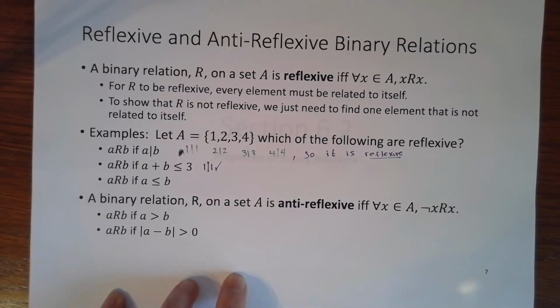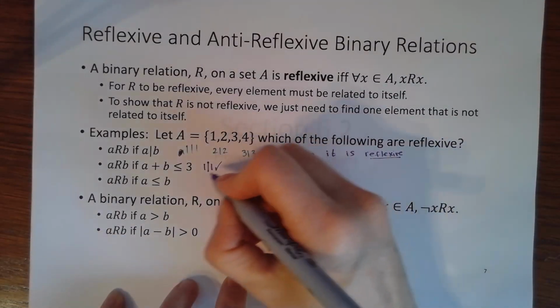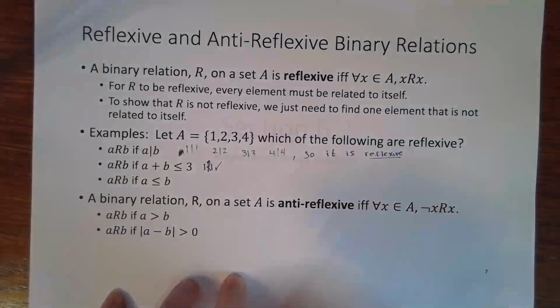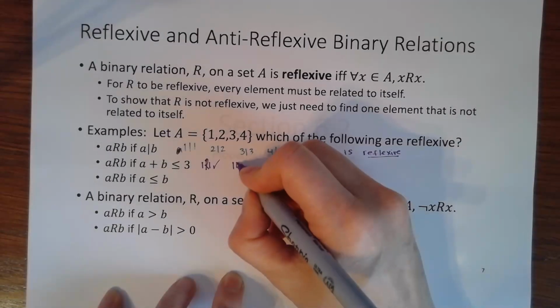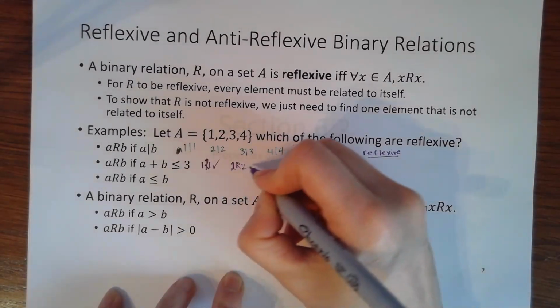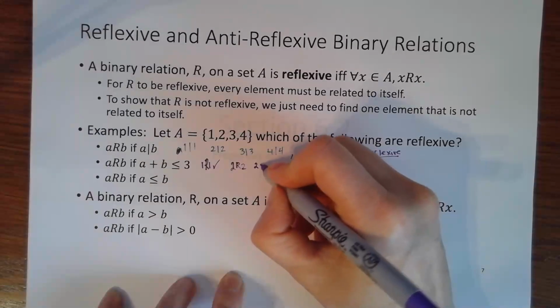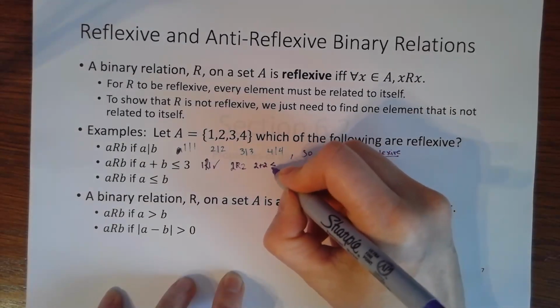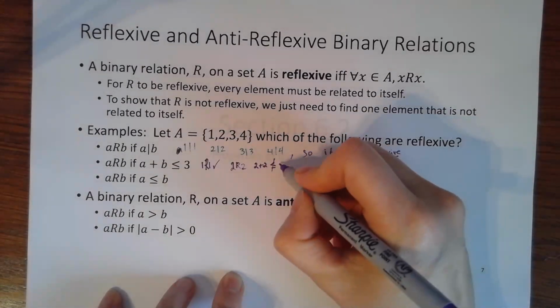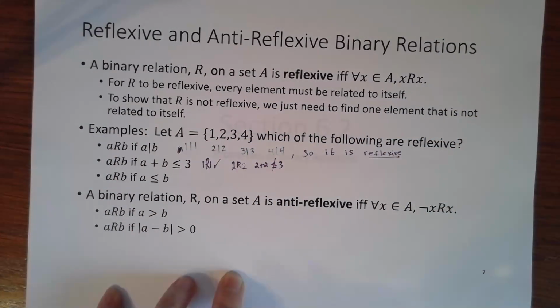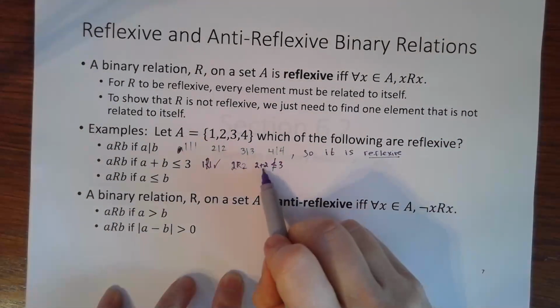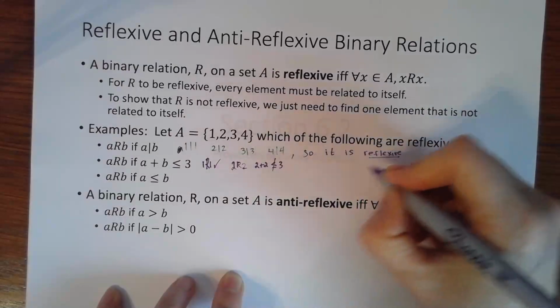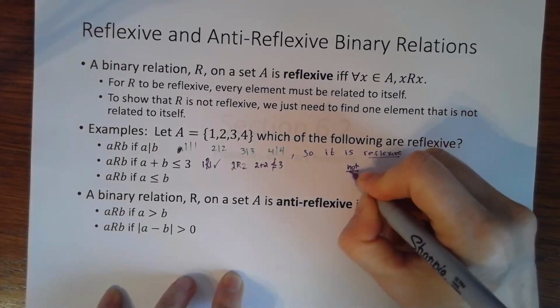But is 2 related to 2? Well, if I do 2 plus 2, that is definitely not less than or equal to 3. All we need is one counterexample. We found it right here. So this one is not reflexive.